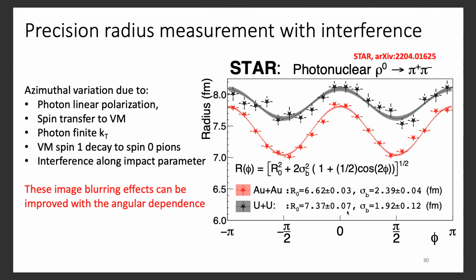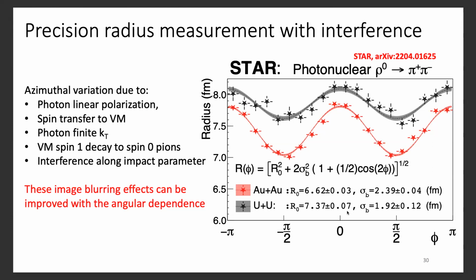So after we understand this is an interference effect, we take that into account, we can actually realistically extract the radius, right? And these are the radius we extracted. And with this radius, because it also takes away the photon momentum, because the interference direction is also exactly the same as the photon momentum direction.